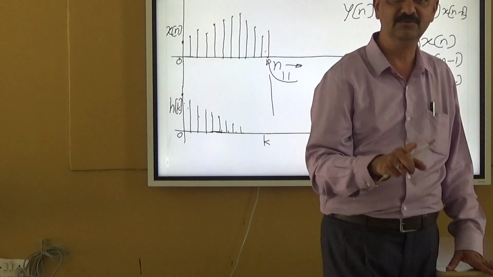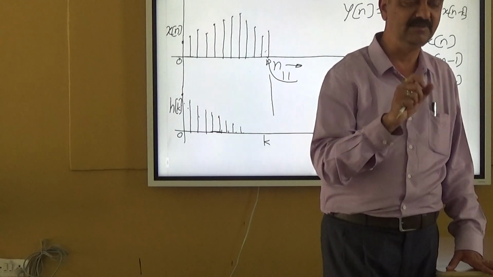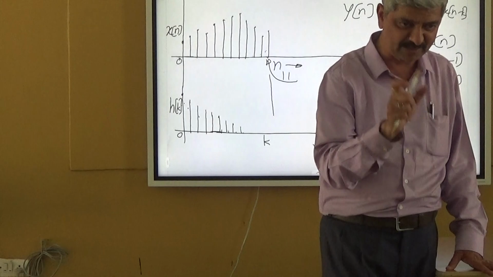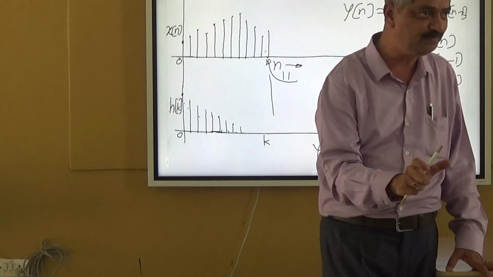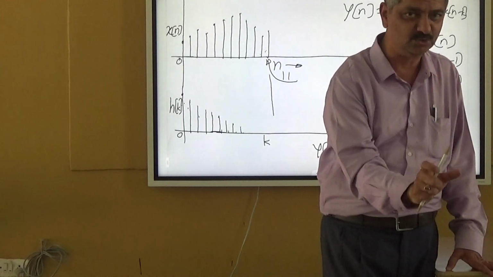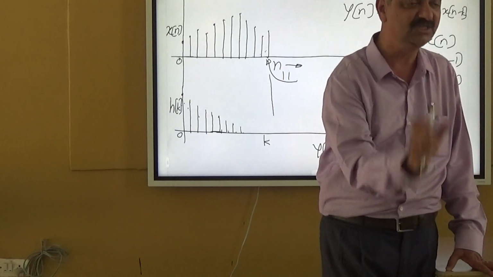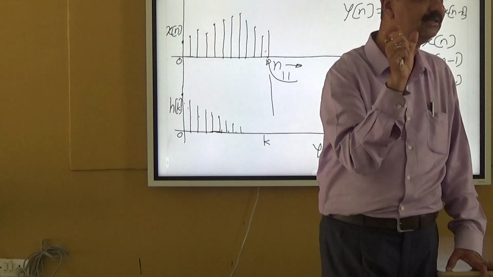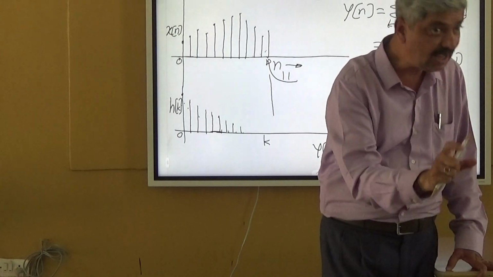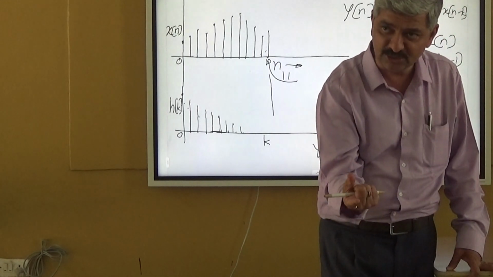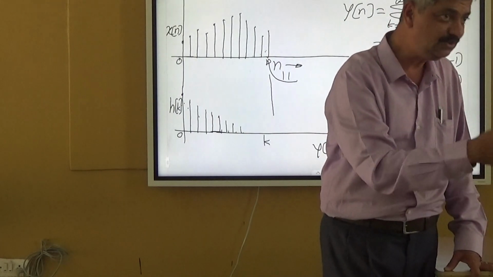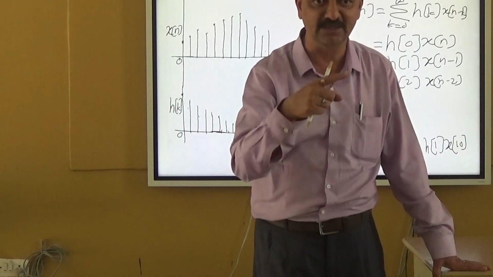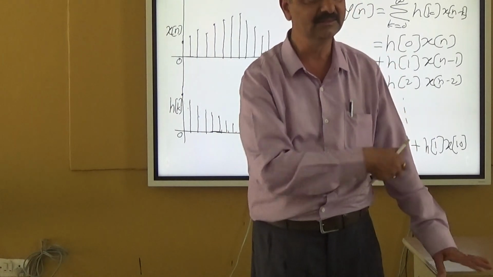Meaning, if hk is the response, what is its meaning? hk corresponds to the proportion with which the input that occurred k samples ago is contributing in the current output.